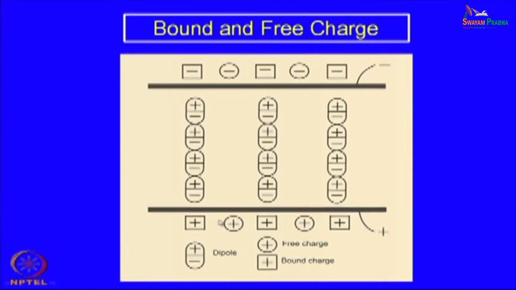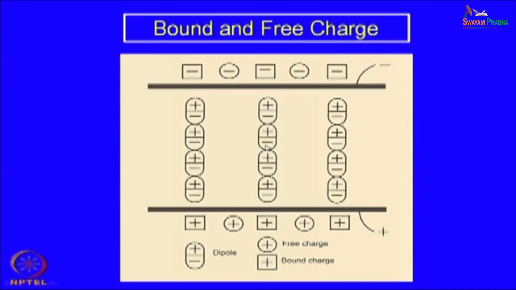Now, you can see here these positive charges have a corresponding negative charge inside the material, and that is neutralized by another positive charge. So, there is a realignment of the charges against this positive and negative charge.